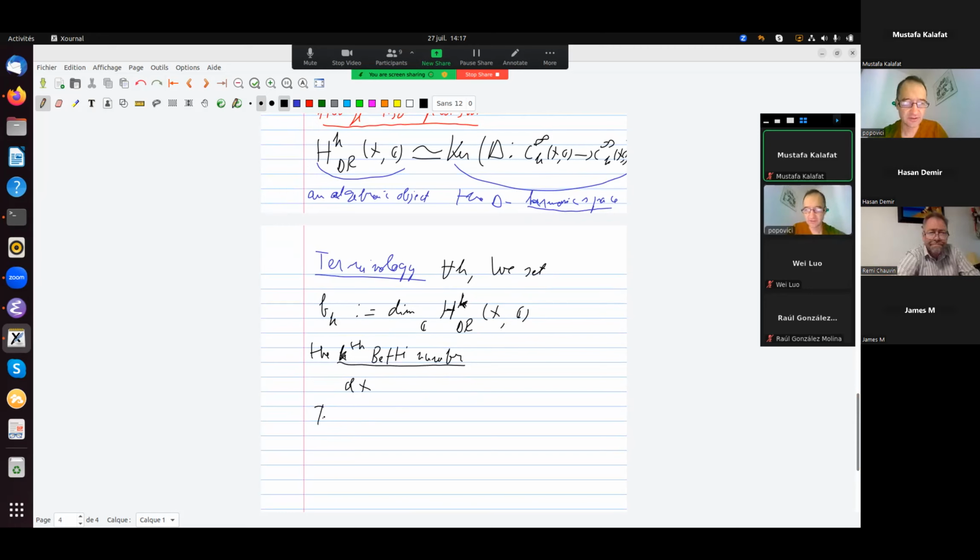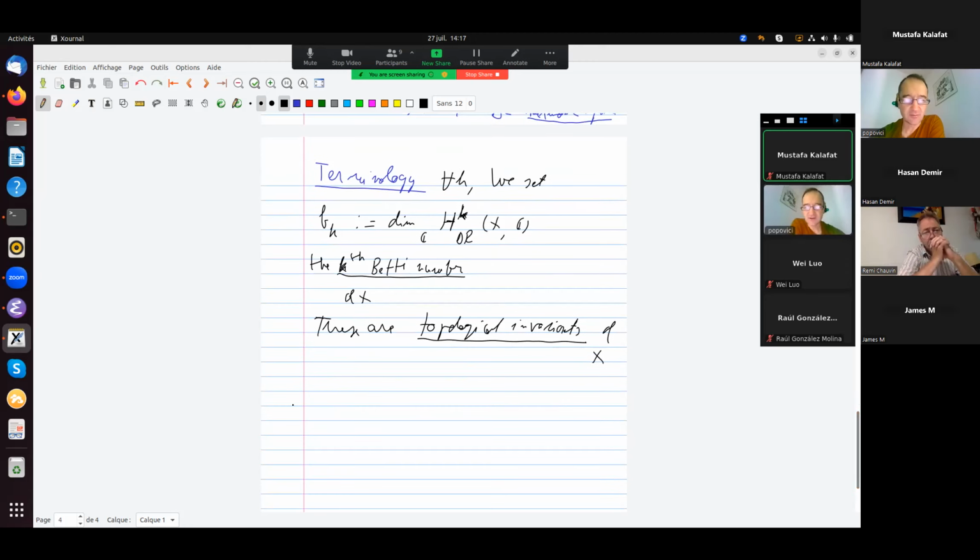They are invariants because, for example, they don't change if you take a manifold that's diffeomorphic to the original one. They depend only on the differentiable structure of the manifold.